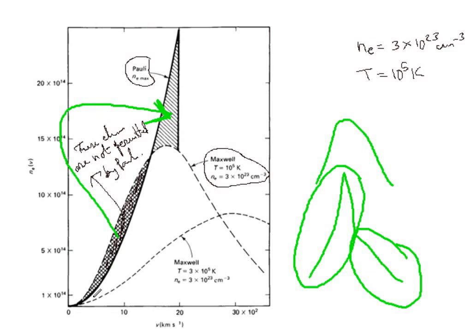Now in this previous figure, we have also plotted the Maxwell energy distribution for the same number density, but at a higher temperature. The number density is the same, the temperature is 3 times higher.